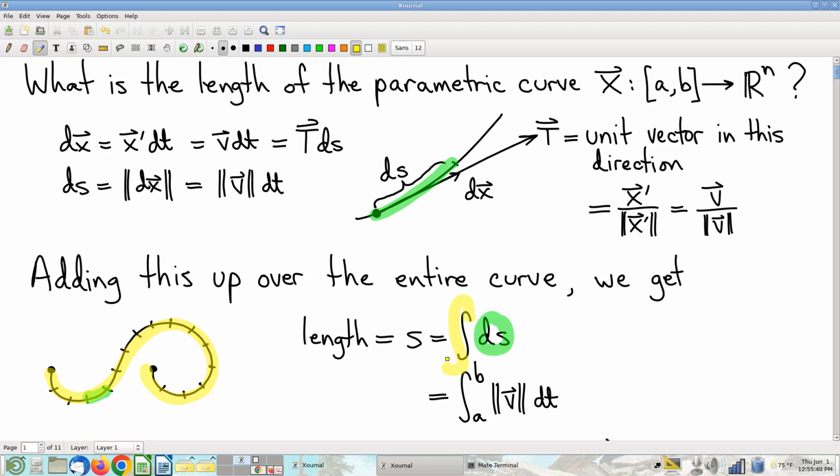That's the big picture strategy. Before we get ahead of ourselves, though, I need to understand how I would describe the length of a piece of parametric curve.